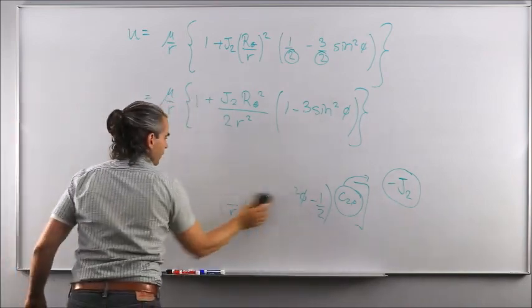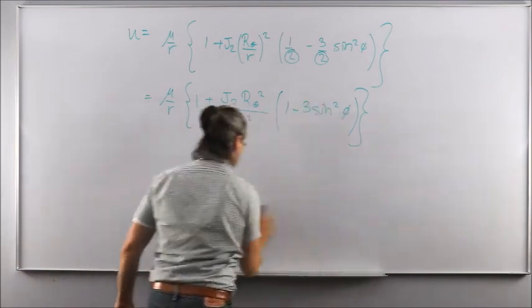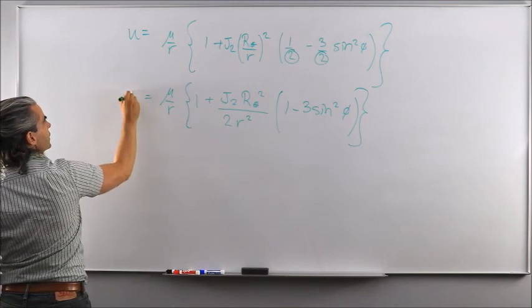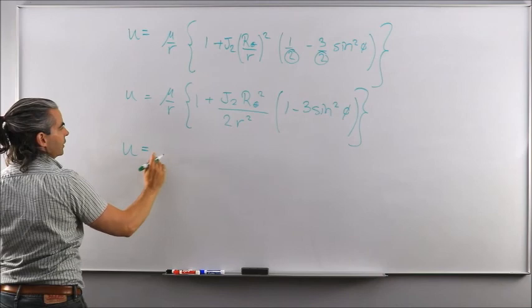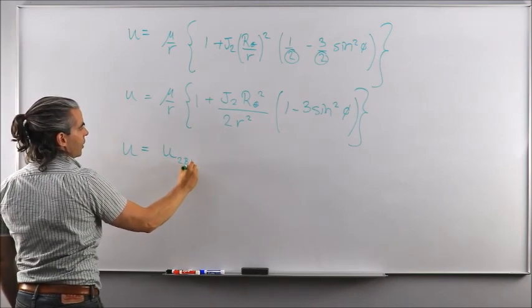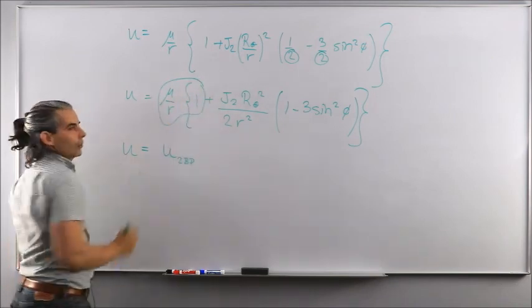I'm going to stop here for the geopotential function, okay? Now, if you look closely, your net geopotential function is actually the geopotential function for the two-body problem, which is just this term here, your mu over r.